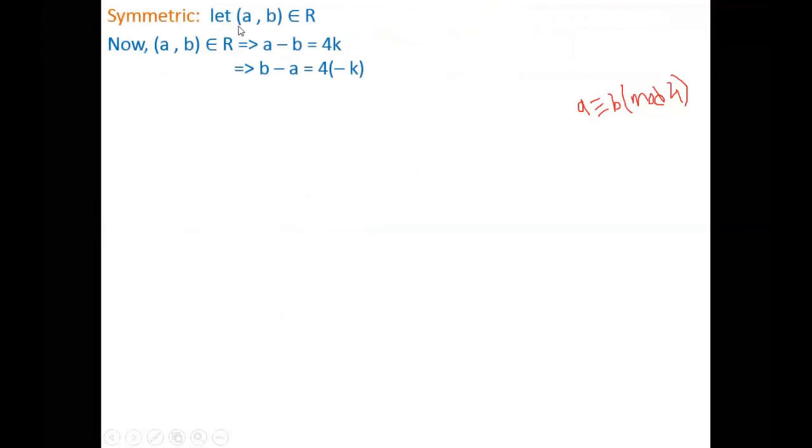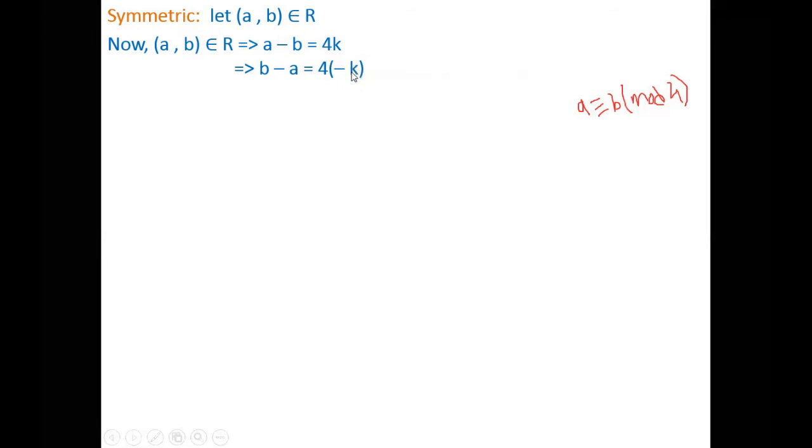Next, let's check for symmetry. We have (A, B) belongs to R. We have to show (B, A) belongs to R, that means B minus A is a multiple of 4. So (A, B) belongs to R implies A minus B equals 4k by the definition of the relation. If we multiply this by minus, we have B minus A equals 4 times minus k, and minus k is also an integer, right?